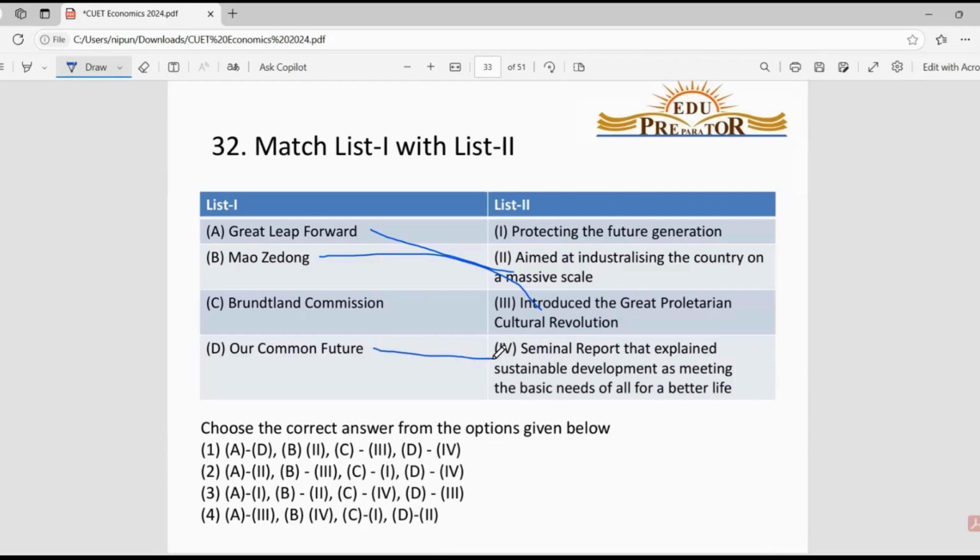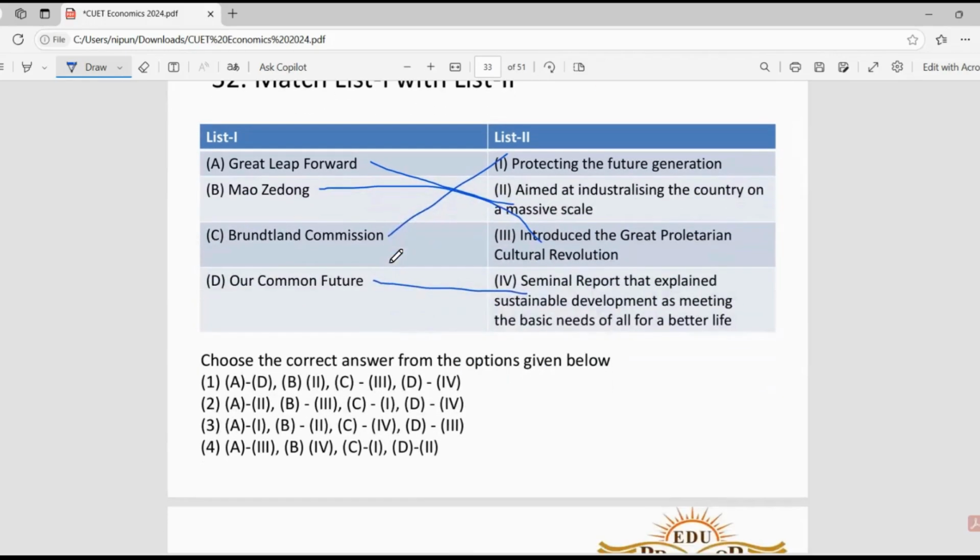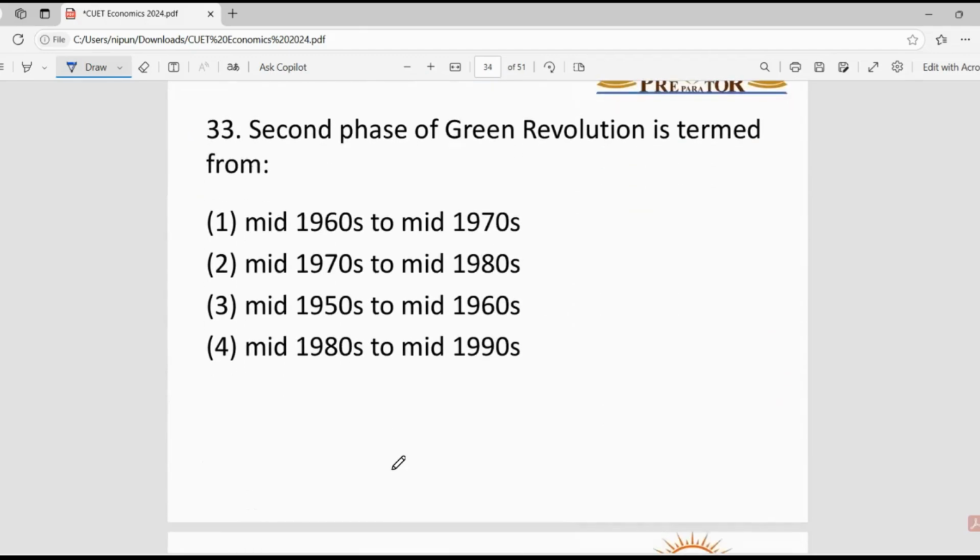Yes. So D is 4, C is 1, A is 2 and B is 3. So 2, 3, 1, 4. A2, B3, C1, D4. That means the correct option is option number 2.